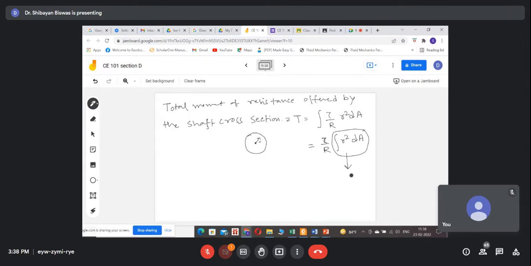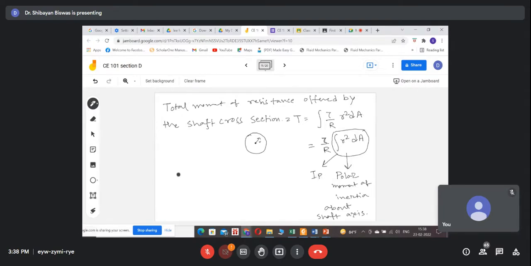So this is nothing but the polar moment of inertia about this shaft axis. This also can be denoted as IP.